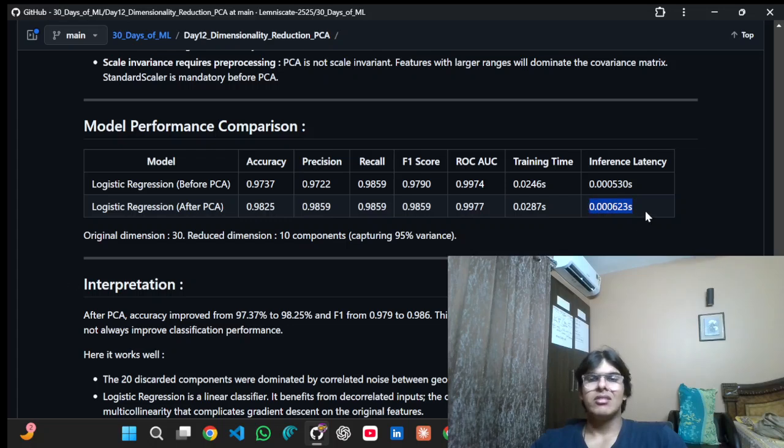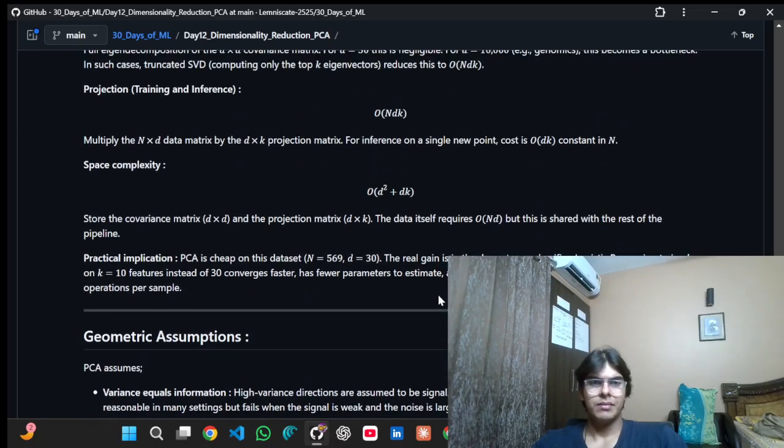After PCA, it just takes a bit more time. This is in microseconds. Training time is about the same in both cases, and the rest of the metrics are better after the PCA, of course. Not all that much, but there is still some improvement, so we will take it. This is it, I think.